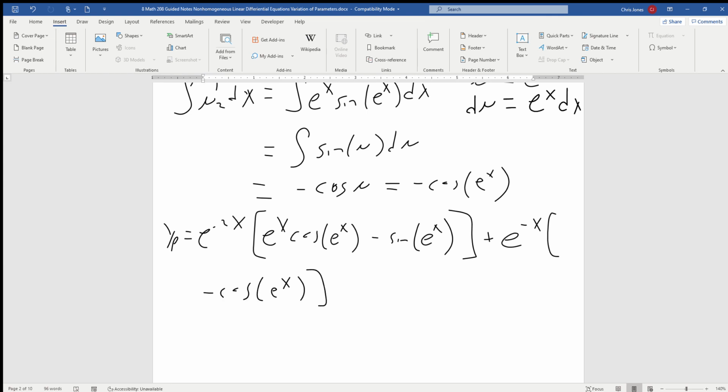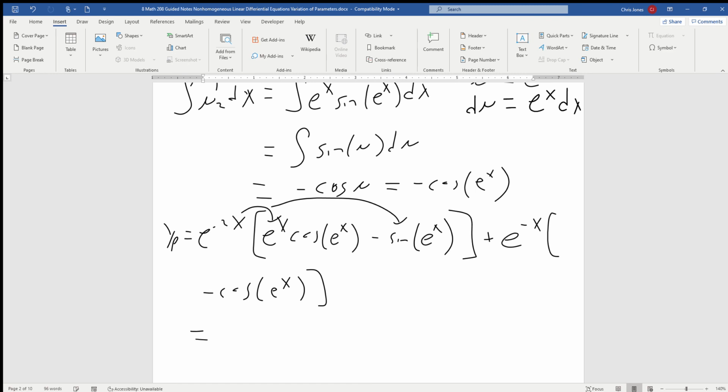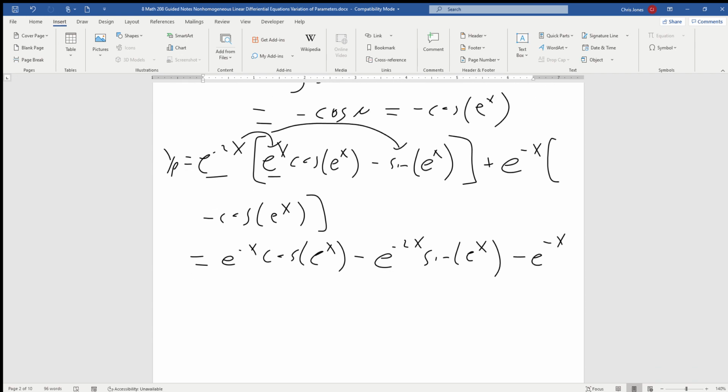All right, now, believe it or not, I believe that this is going to simplify fairly nicely, because when we distribute this e to the minus 2x, and I believe that there should be, oh no, there's not an e dx in front of that sine. Okay, so that's good. So when we simplify this, we're going to wind up with e to the minus x, since we have negative 2 and 1, cos e to the x, minus e to the minus 2x sine e to the x, and then minus e to the minus x times that cos e to the x.